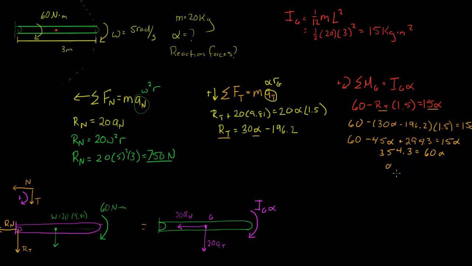And I can solve for alpha, and I get alpha is equal to 5.9 radians per second squared.